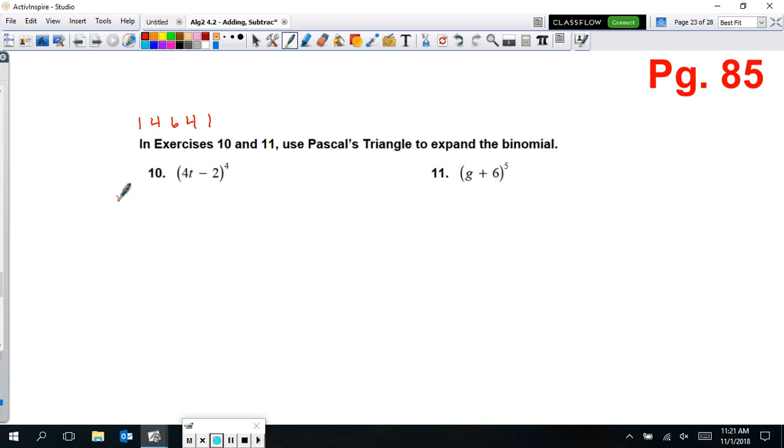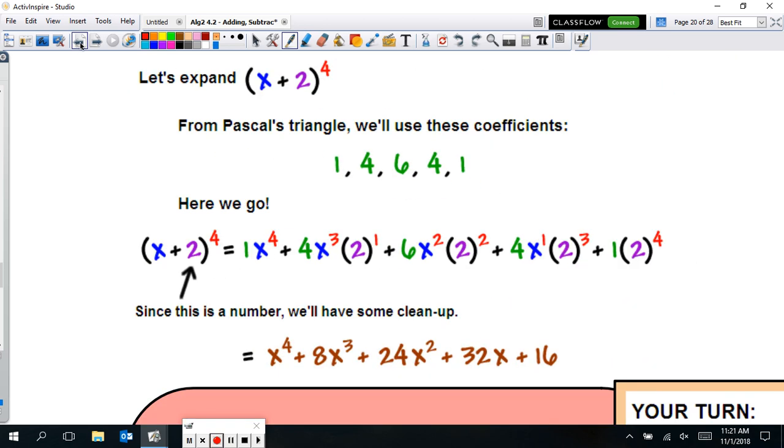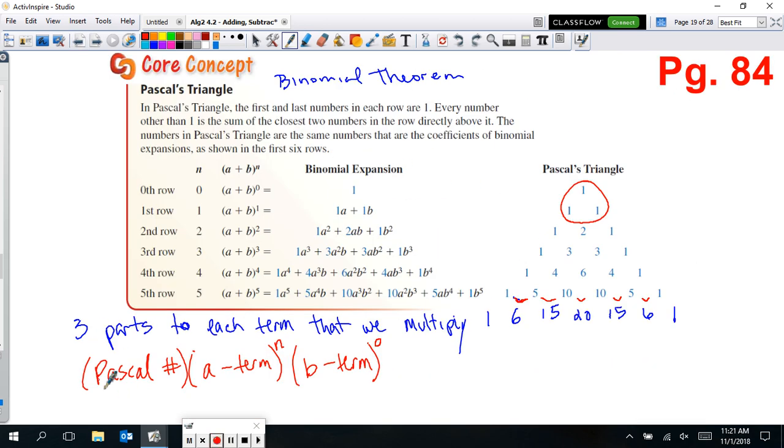Okay, so here we go with doing this. We need our Pascal number, just like I showed before, right? That's what you wrote down back on the other page, which you should have written down, by the way. So if we go back to this page here, make sure you do write this down. Pascal number, your A term to the n power, your B term starts at the 0 power, and at that point, your A term is going to go down 1 each time.